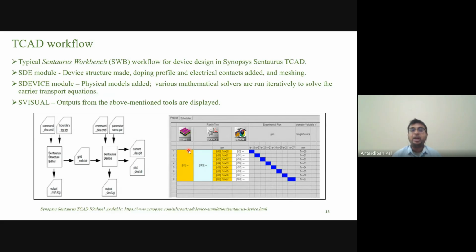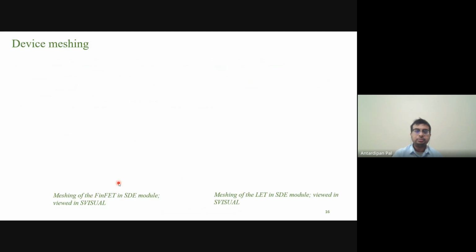So we use SDE. It also gives awesome results, but it's not that computing power hungry. So we designed the whole thing in Synopsys TCAD and did a mixed mode simulation of the hybrid 6 transistor SRAM. We will come to that.